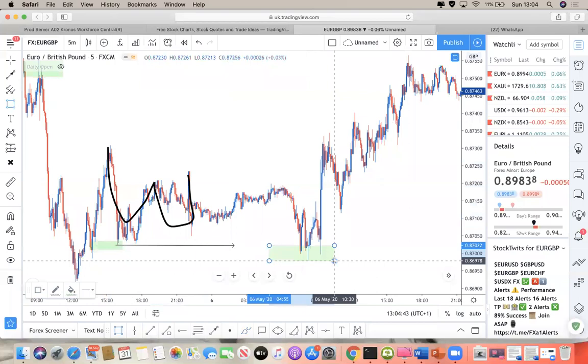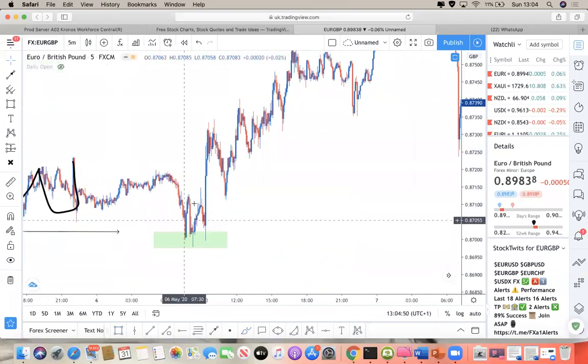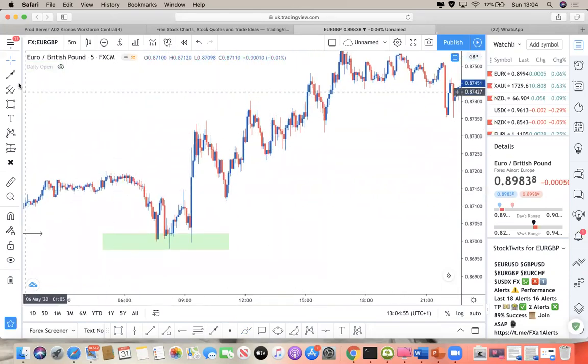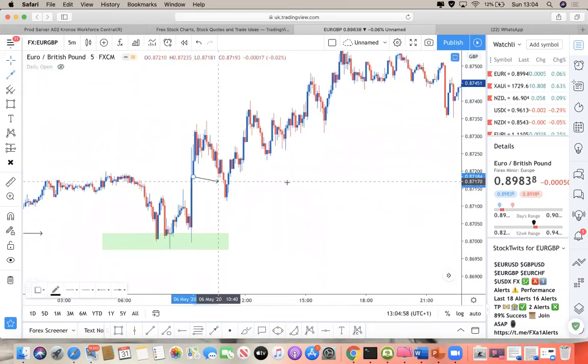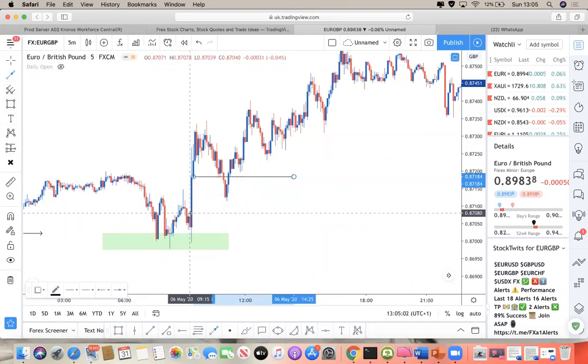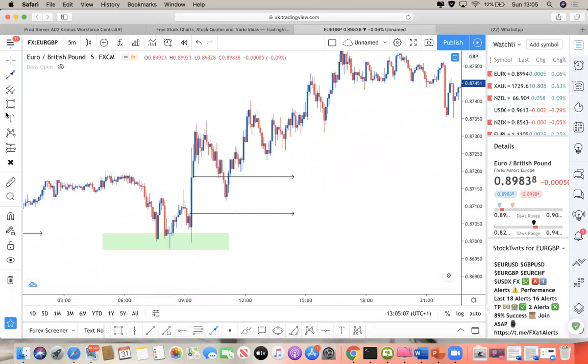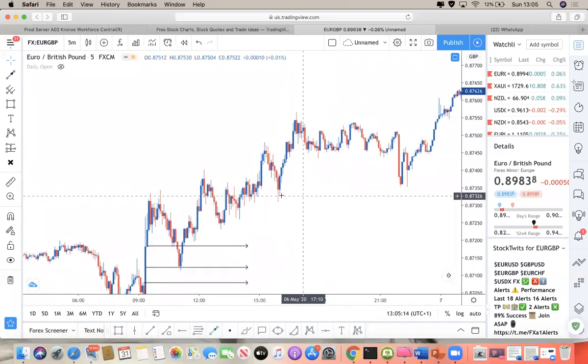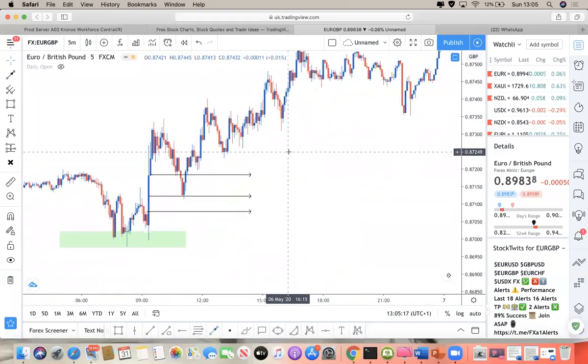Went below the W, reversed the market, created an imbalance, 50% of the imbalance, and ready they go. Does that make sense?